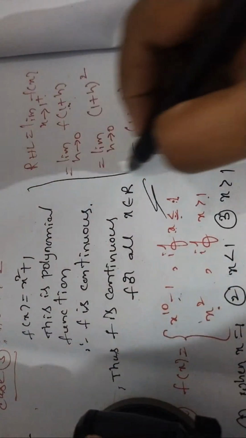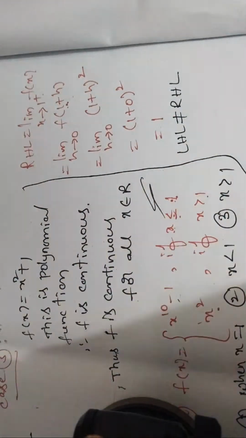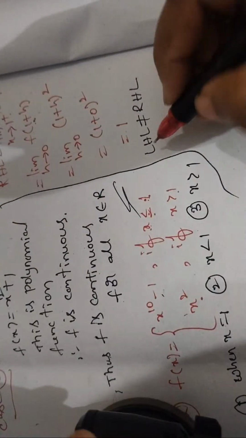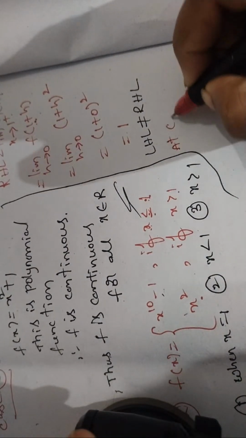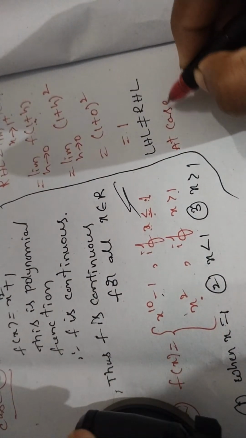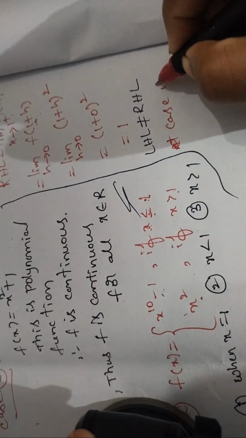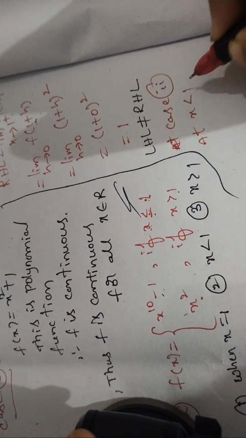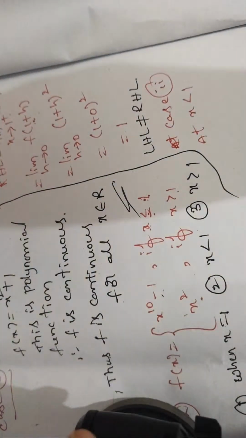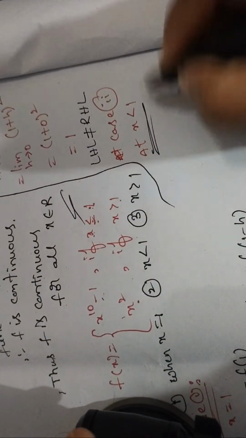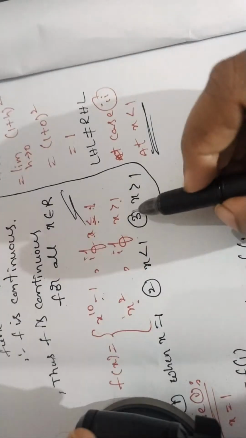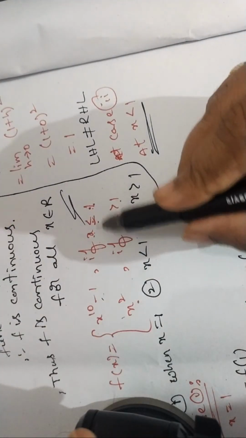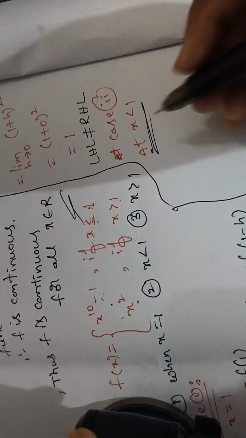Next, case 2. Case 2 is x less than 1. When x is less than 1, what is the function? x power 10 minus 1.